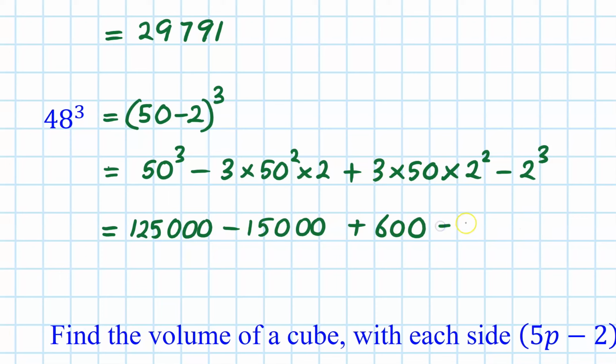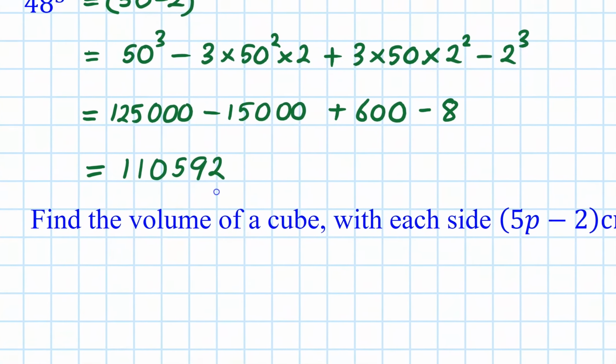Now if I evaluate everything here, 125,000 minus 15,000 plus 600 minus 8, we get 110,592. Okay, we go through that.